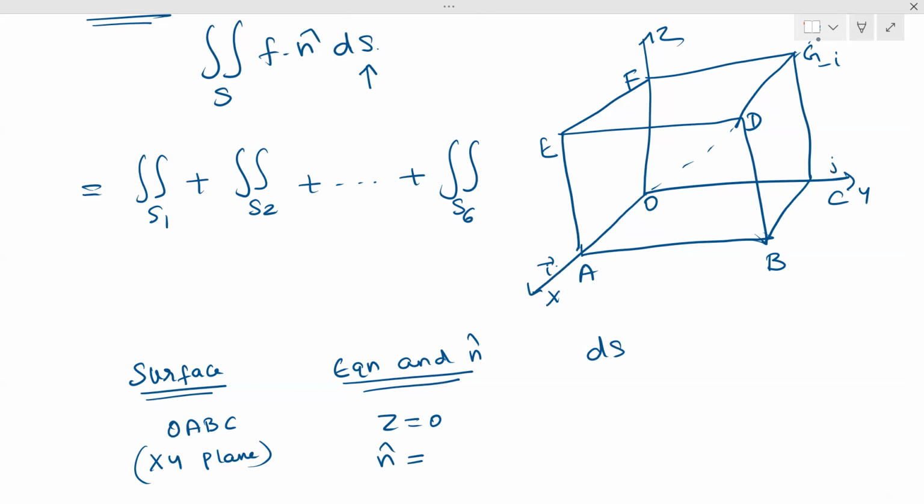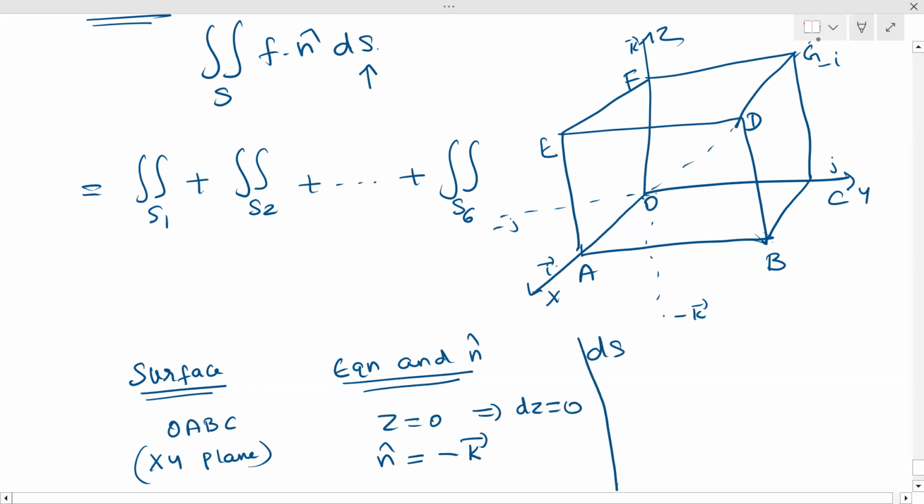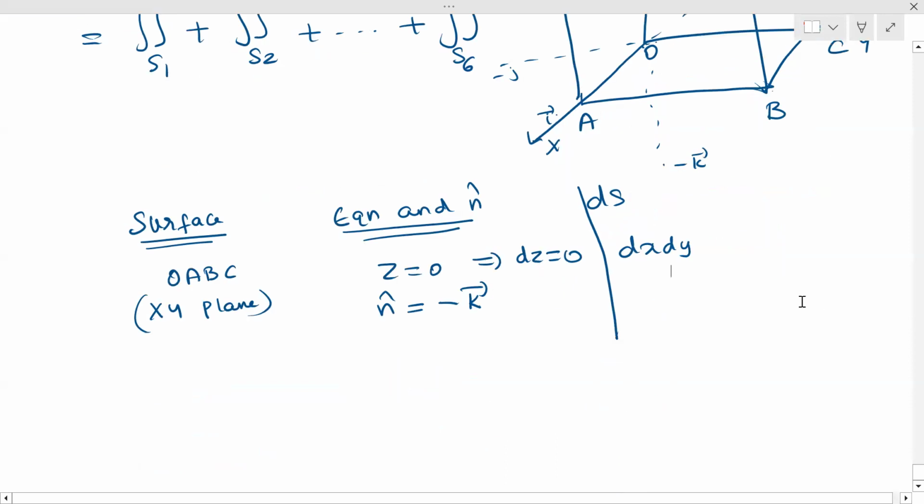Similarly, in the y direction it is j, so the opposite side is minus j. Here k, so the opposite side is minus k. So for OABC in the xy plane, the unit outward normal vector is minus k. And z equal to 0 means dz is 0, so ds has only dx dy. So this is the first surface.